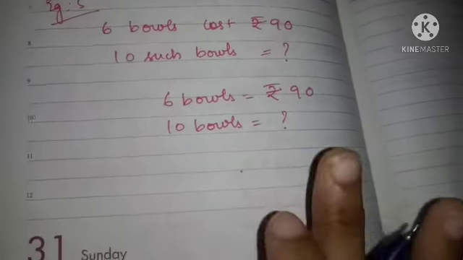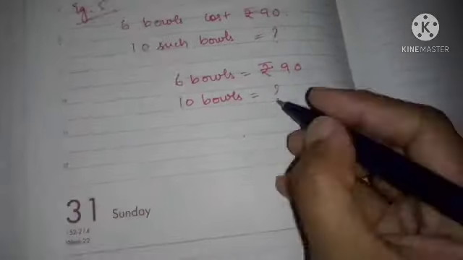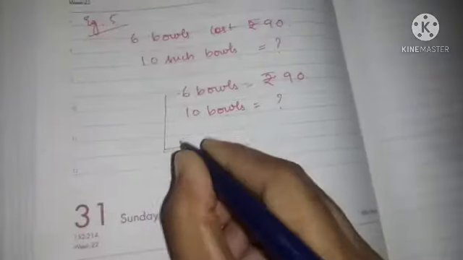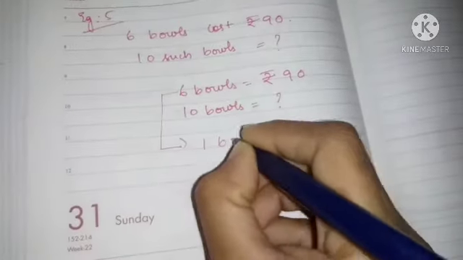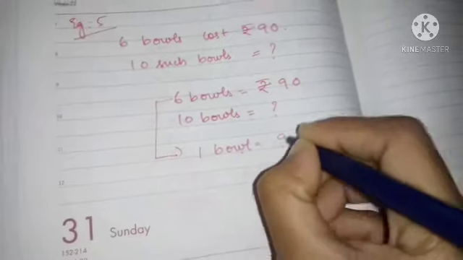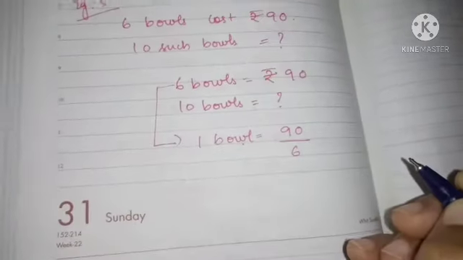Like last time, so both we can try, no problem. So for 6 bowls, rupees 90 means for 1 bowl, how much rupees? 90 divided by 6.